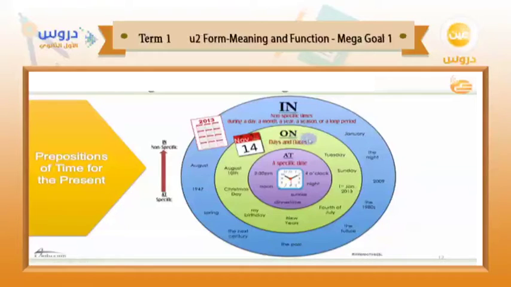Now, what about on? Is it the same? No. With on we use days and dates. For example, Tuesday, Sunday, the 1st of January 2013, New Year's, my birthday, and so on. So on for days and dates, and the third thing, at for a specific time.